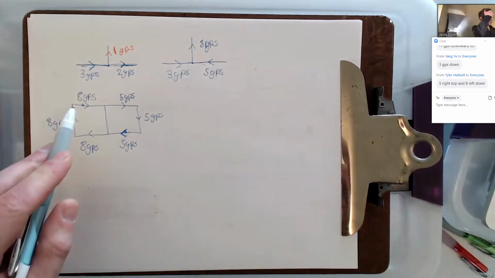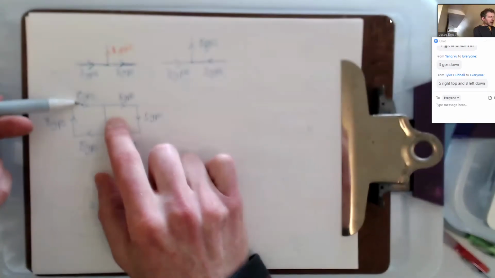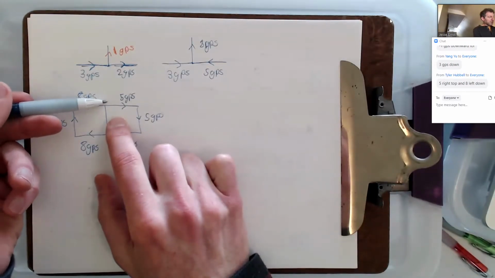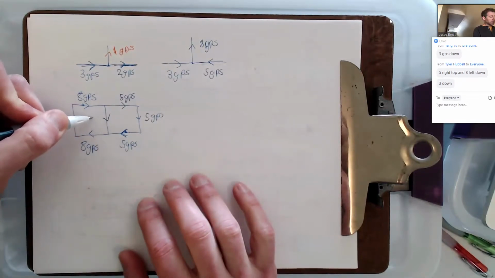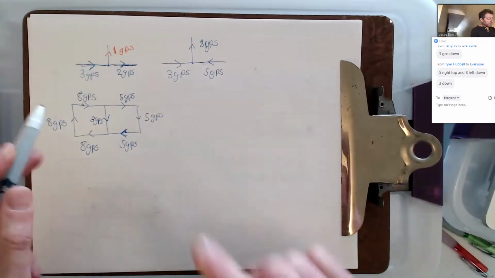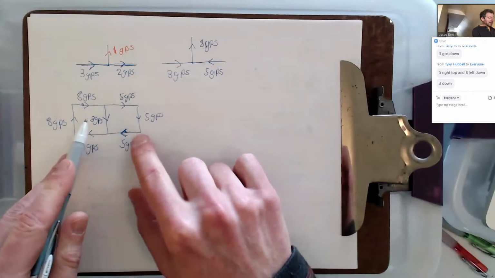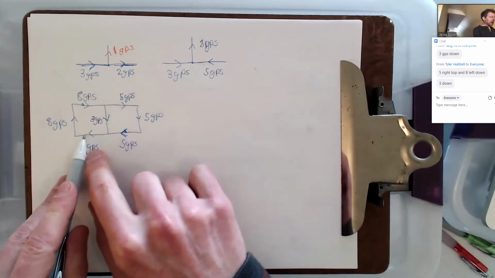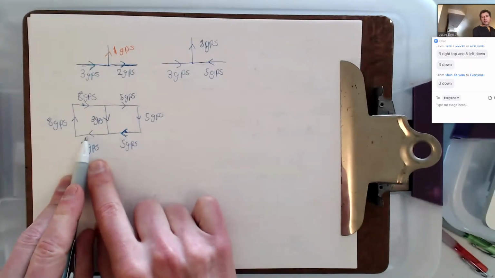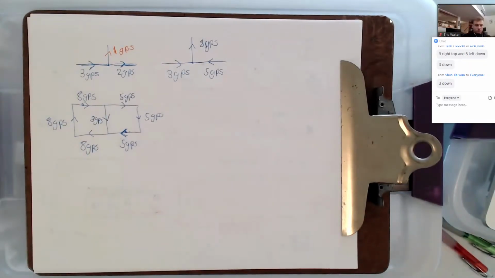Now if you have 8 coming here and then 5 going out, we must have 3 gallons per second going down. Then check that it makes sense over here. You have 3 coming down and 5 coming that way, and sure, they meet to leave 8 going that way. So that's 3 gallons per second downward.